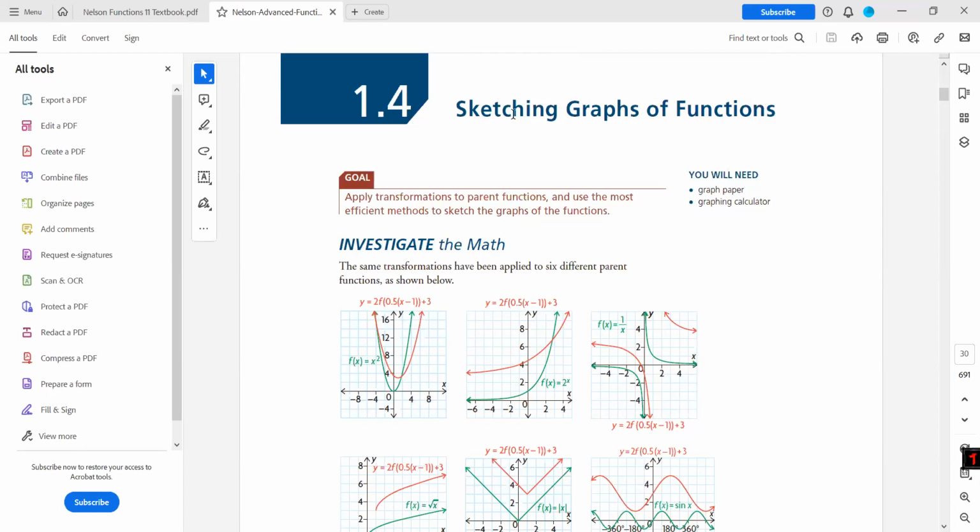In the previous year, in grade 11, you learned the general form of functions, that the function could be expressed as y equals a f(k(x minus d)) plus c.